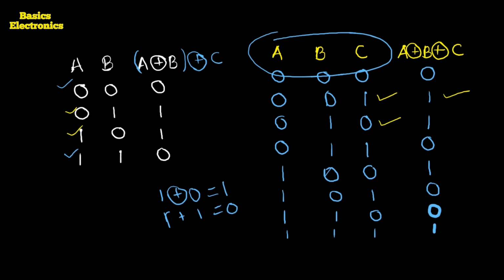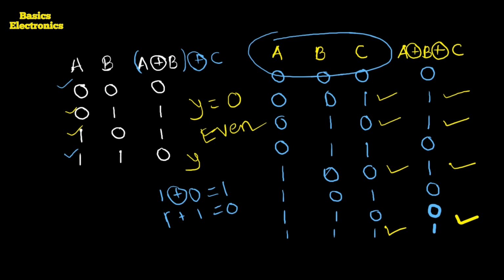Then at the last entry and this one entry, outputs are high because of an odd number of logically high inputs. So the XOR gate produces logically low output Y equal to 0 when an even number of ones are at the input, and the same XOR gate produces Y equal to 1 when an odd number of high inputs are there.